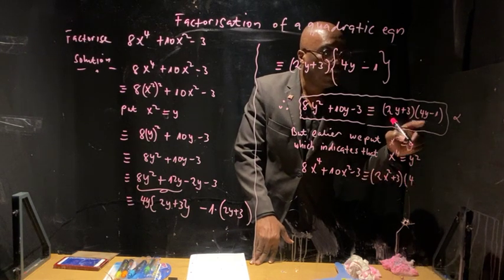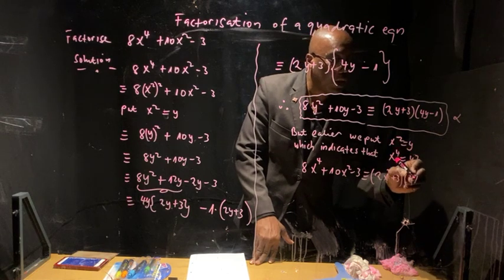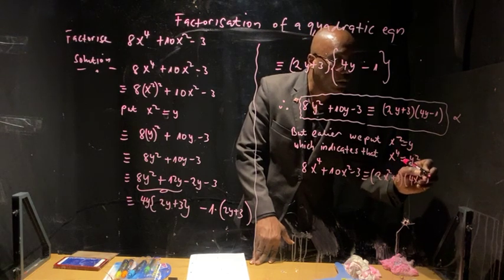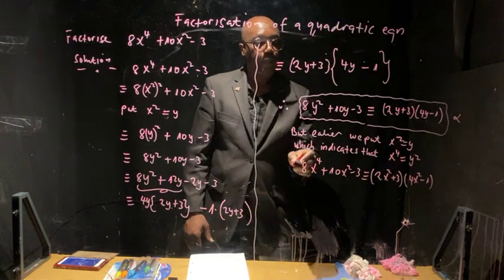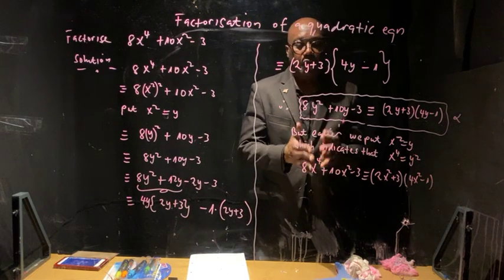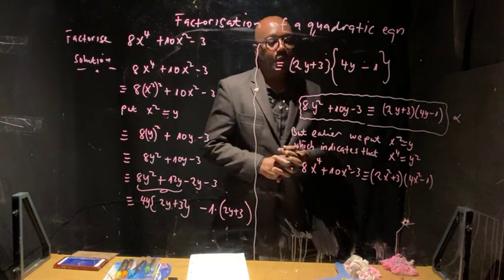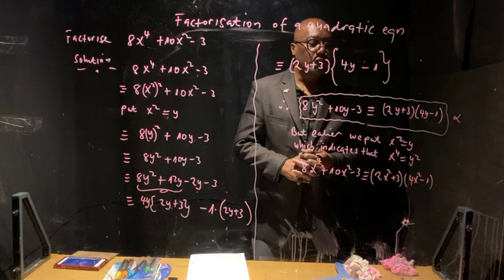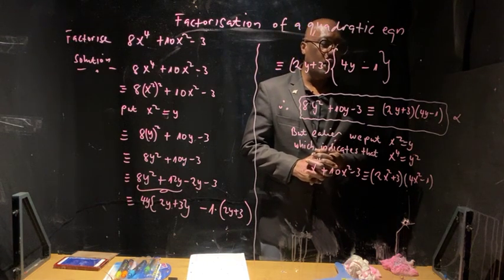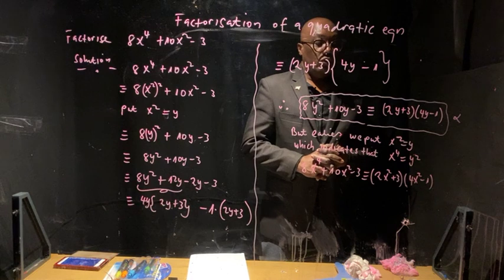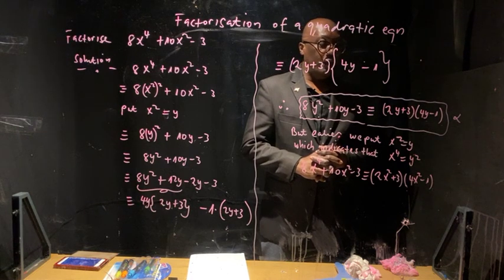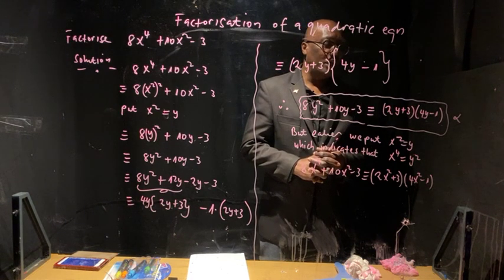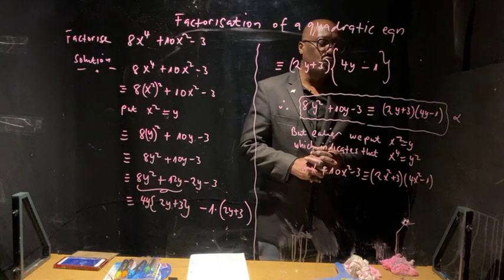What is y? y is equals to x squared minus 1 in the second. Therefore, the left-hand side, 8x to the power 4 plus 10x squared minus 3, is very much identical to the right-hand side, which is 2x squared plus 3 in bracket multiplied by 4x squared minus 1 in bracket.